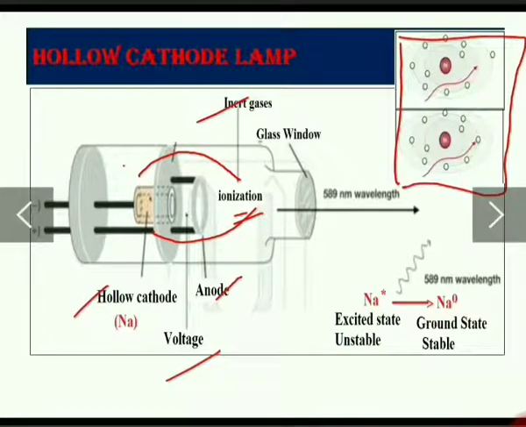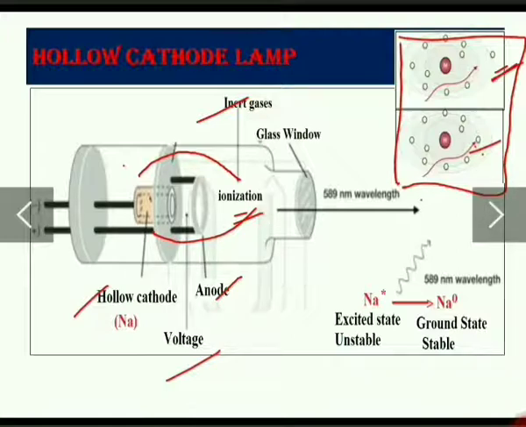Sodium atom takes up energy. The red mark shows it takes up energy, and it gets excited to higher energy. We can see it in this picture. Metal atoms take up energy and get excited to higher energy. At the higher energy or excited state, it is unstable.